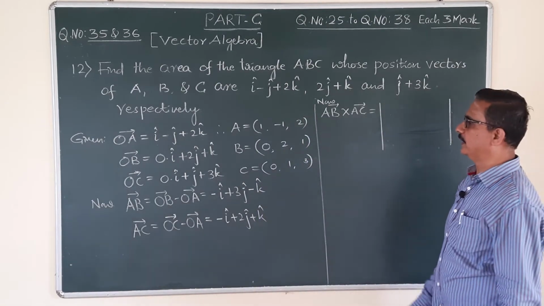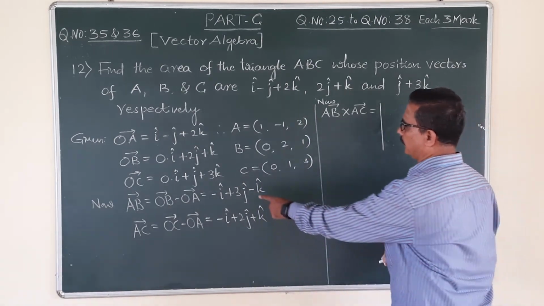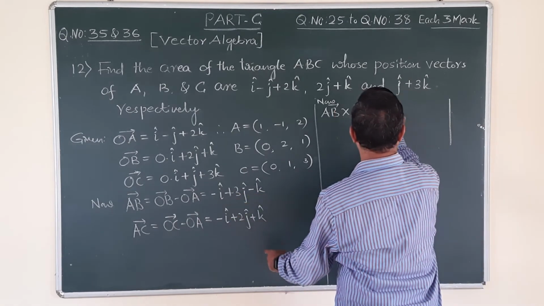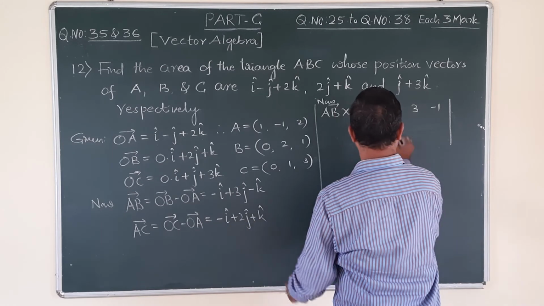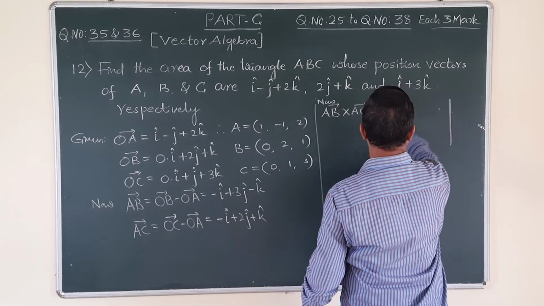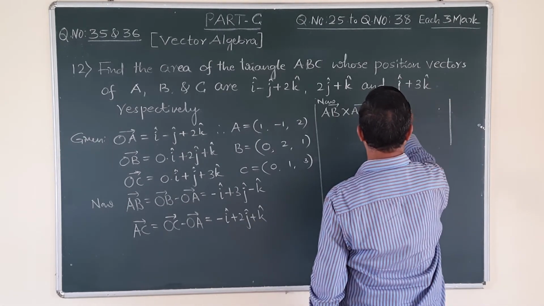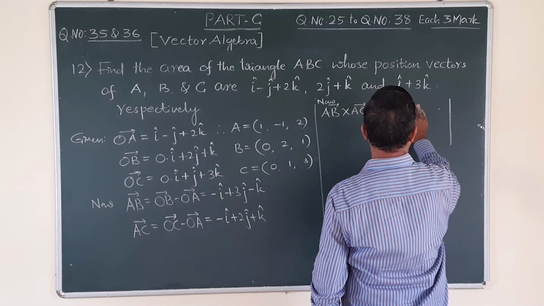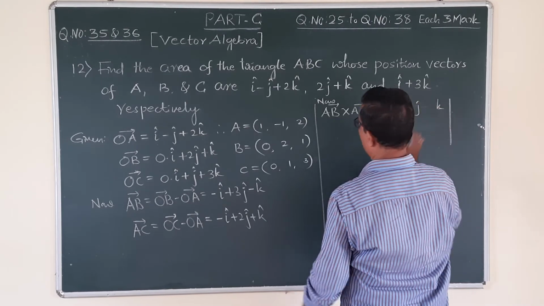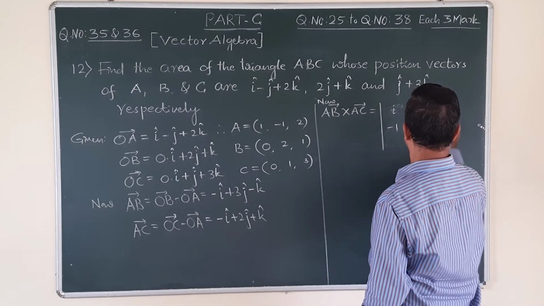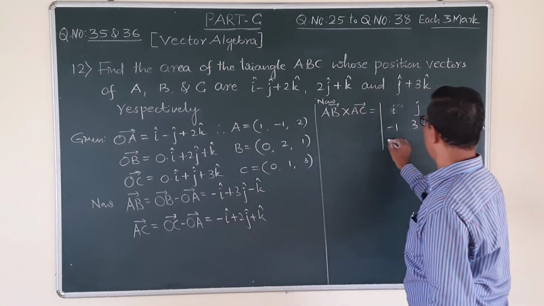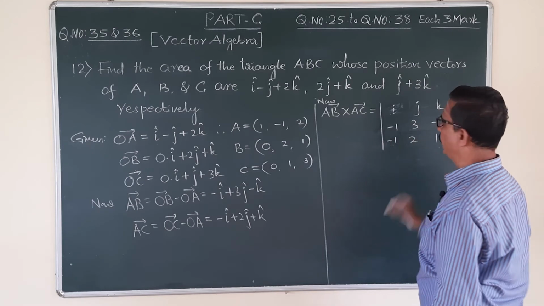In the first row, i, j, k. In the second row, the coefficients of vector AB: minus 1, 3, minus 1. Vector AC: minus 1, 2, 1.